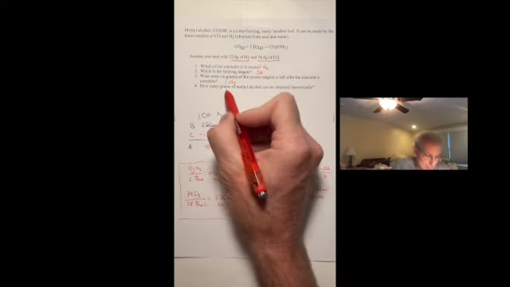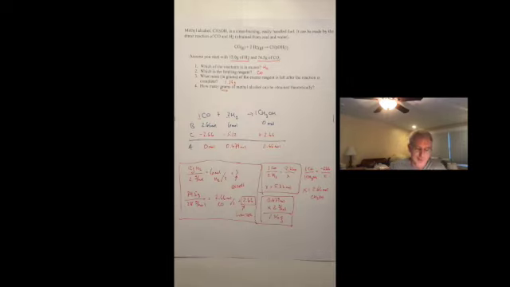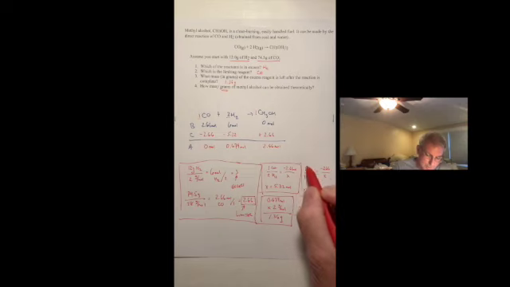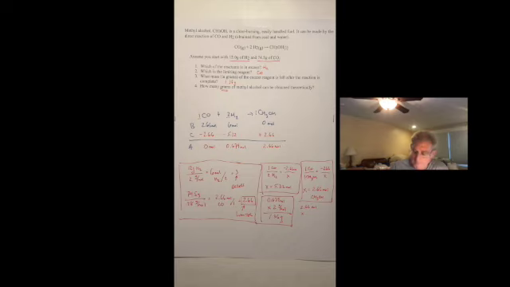It says how many grams of methanol or methyl alcohol will I produce. So I'm going to take this 2.66 moles and I'm going to multiply it by the molar mass of the methanol. So a carbon is 12, 3 hydrogens, that's 3 ones, so that I'm up to 15.